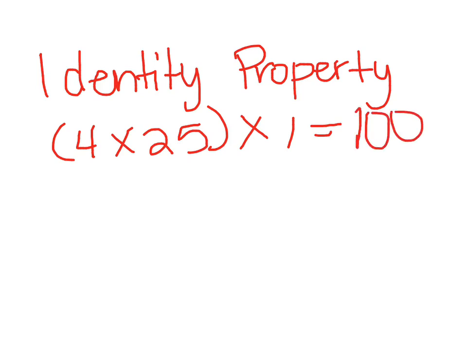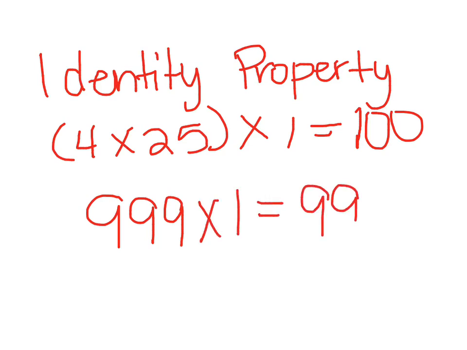Because 4 times 25 is 100, times 1 would be 100. So anything times 1 is that number. 999 times 1 equals 999. So 10,000 times 1 would be 10,000. So anything times 1 is that number. So that's your properties.